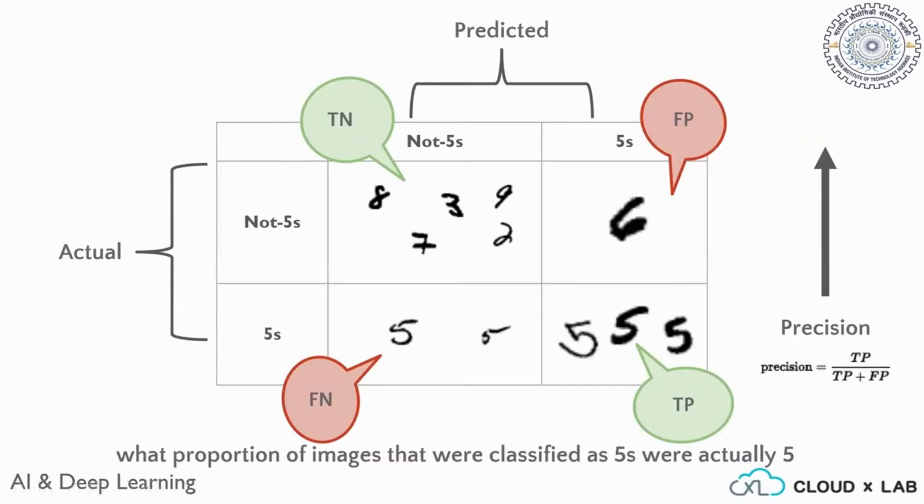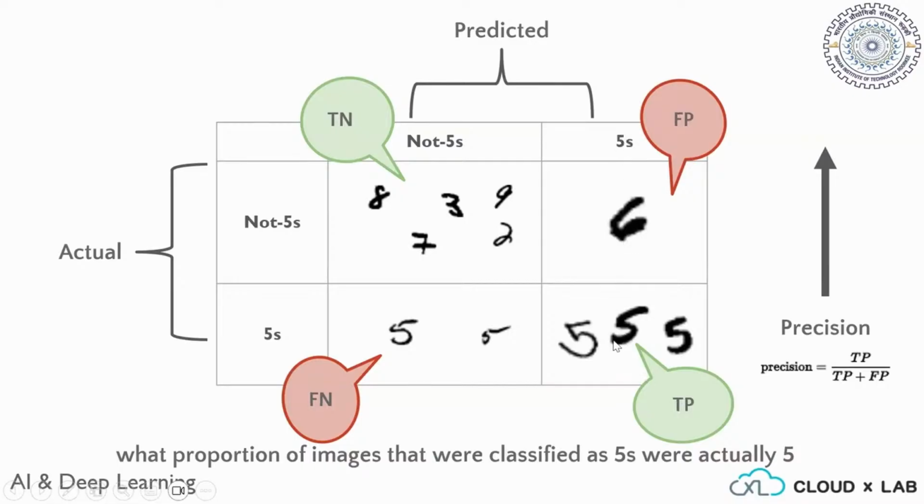So precision you can define true positive divided by true positive plus false positive, right? Which means true positive, this cell, divided by true positive plus false positive, right?